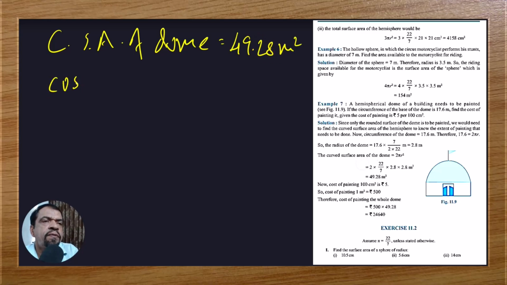It is given in the question, cost of 100 centimeter square is equal to rupees 5. But we calculated this area in meter square. So either you convert this one in centimeter square or this one.